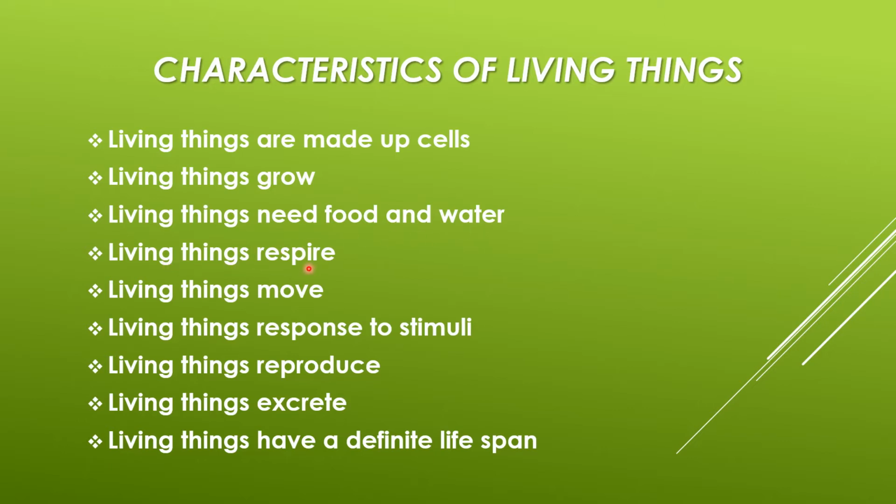Living things respire. Living things move. Living things respond to stimuli. Living things reproduce. Living things excrete. And living things have a definite lifespan. Let us try to study these characteristics in detail.